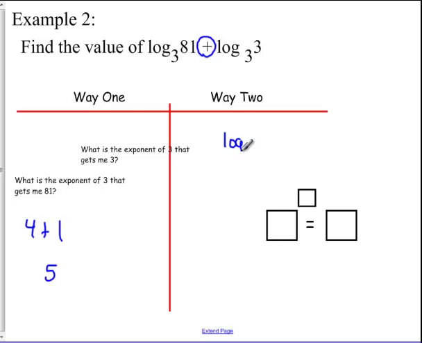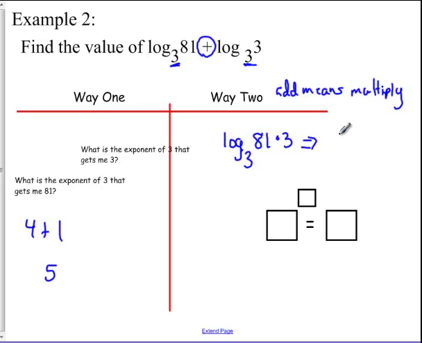He was working in base 3, but remember, add means multiply. So we're going to take 81 and we're going to multiply it by 3. And I can do this because my bases are the same. And as long as my bases are the same, life is good.